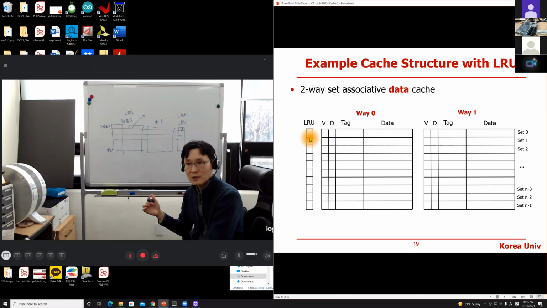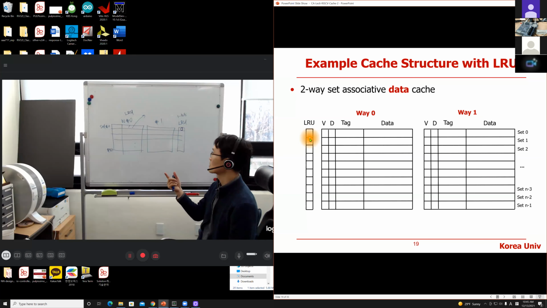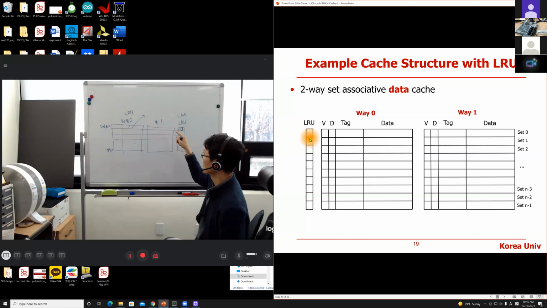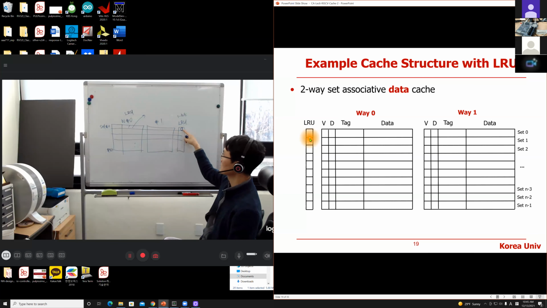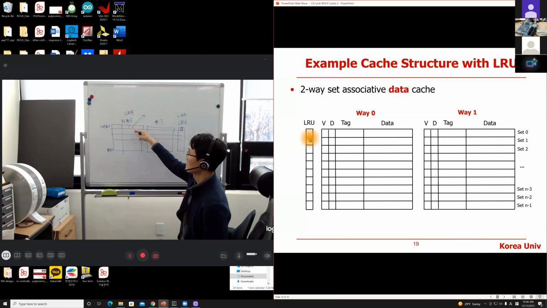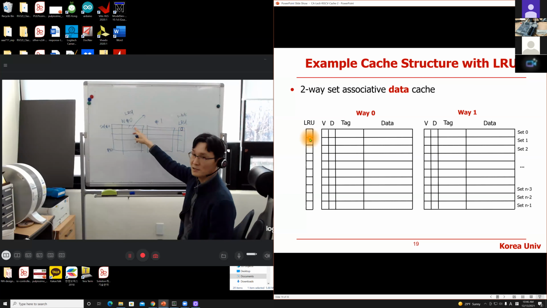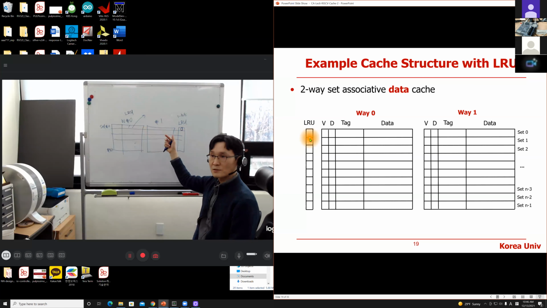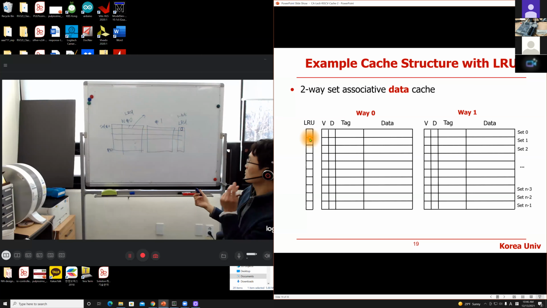We want to use temporal locality, that characteristic of your program. If you access a memory location, you are very likely to access the same location again in the near future. According to this LRU bit, you recently used that cache entry, while this one was accessed a relatively long time ago compared to it. So you want to sacrifice this one. So two-way set associative is very simple.